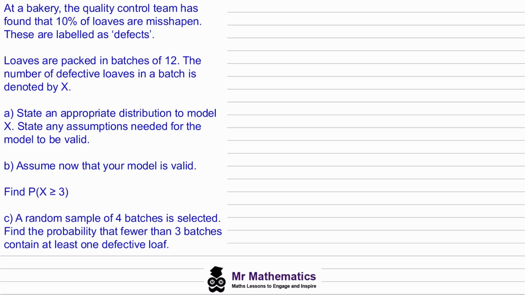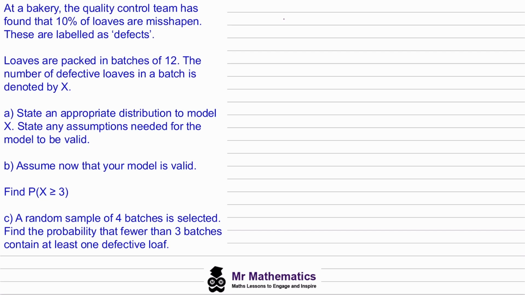And then for part B, assume that the model is valid and calculate this probability. And then for part C, a random sample of 4 batches is selected. Find the probability that fewer than 3 batches contain at least one defective loaf. If you want to try this question yourself, you can pause the video and come back when you're ready.